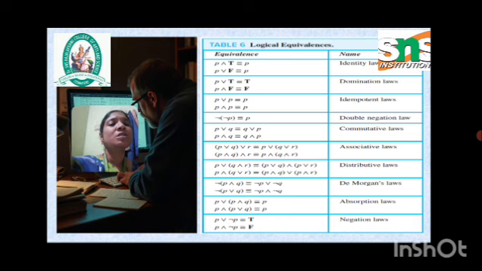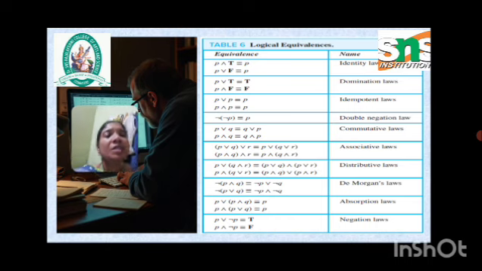The next one is the vice versa of the condition, which is known as the domination law. The next one is idempotent, which denotes the same condition, such as P conjunction P or P disjunction P. It implies the same condition P.